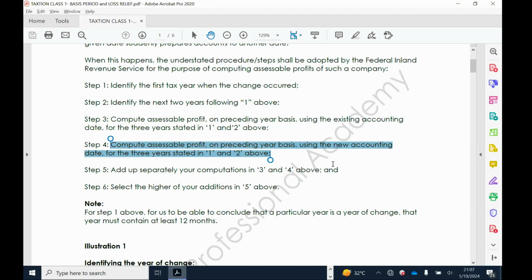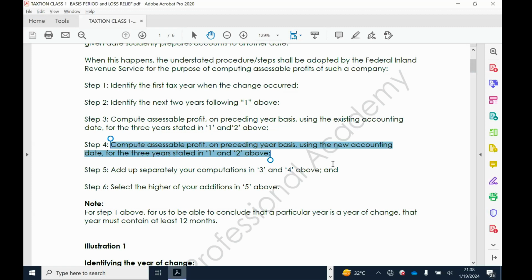I said the first step is number 1, identify the tax year when the change occurred. The second one I said identify the next 2 years. That one is very simple. The third one I said compute the assessable profit, right? The way you normally compute it, which is on preceding year basis, using the existing accounting dates.